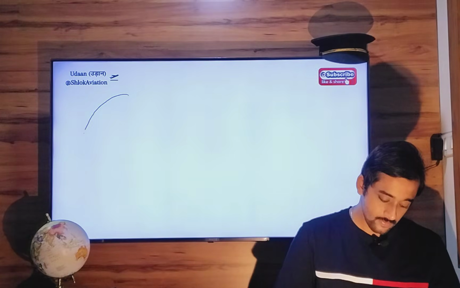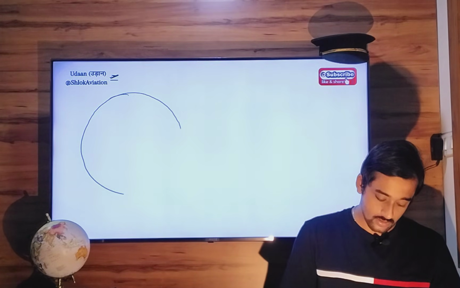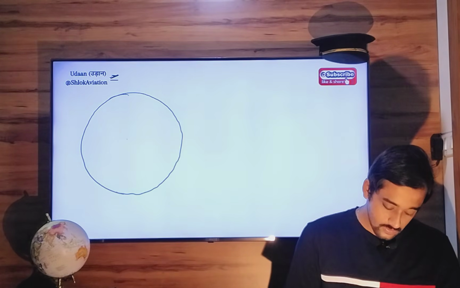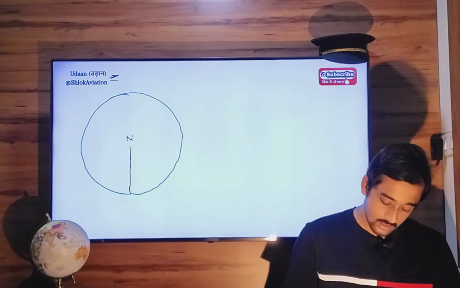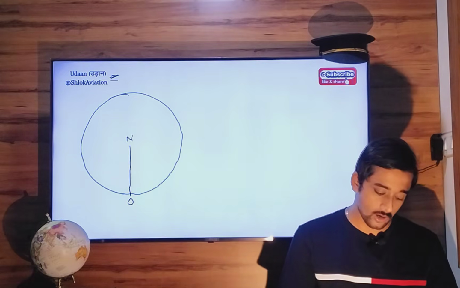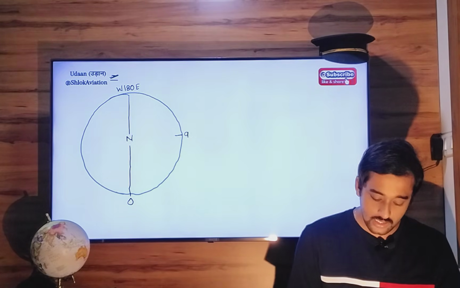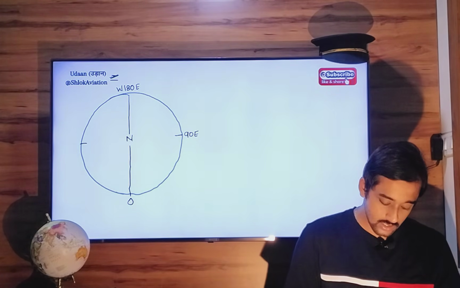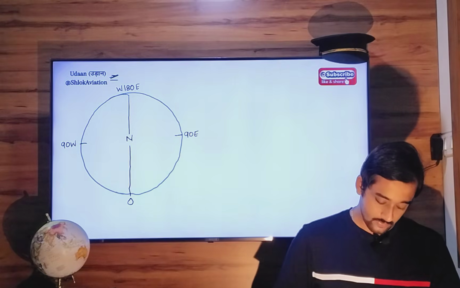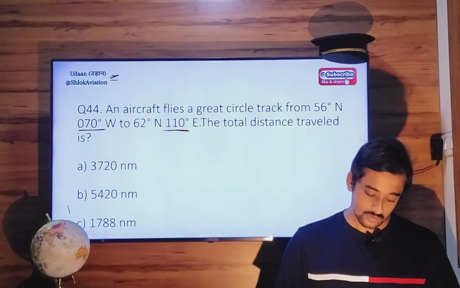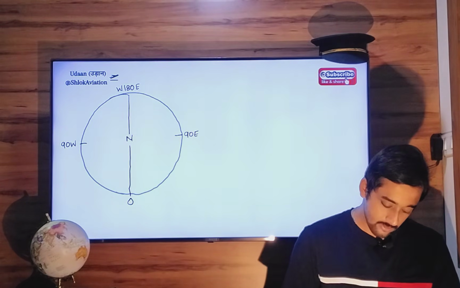So let's draw the Earth diagram. North Pole. This is the view of the Earth from the North Pole. 180 east and west, 90 east, 90 west. Okay. 70° west will be somewhere here.